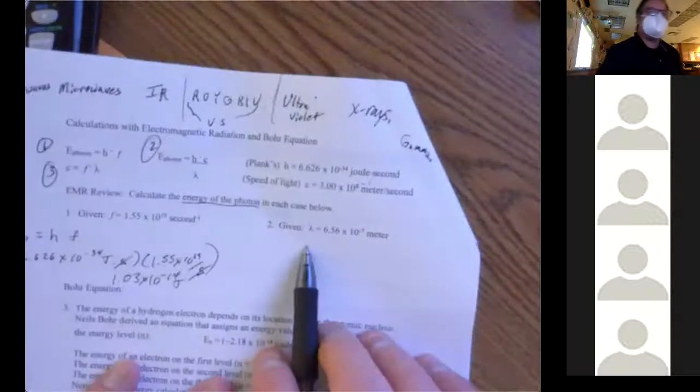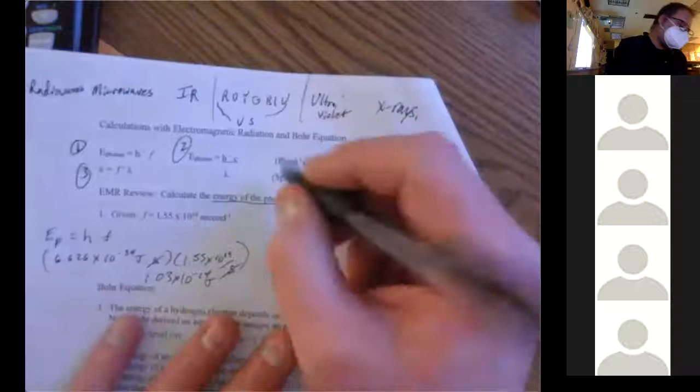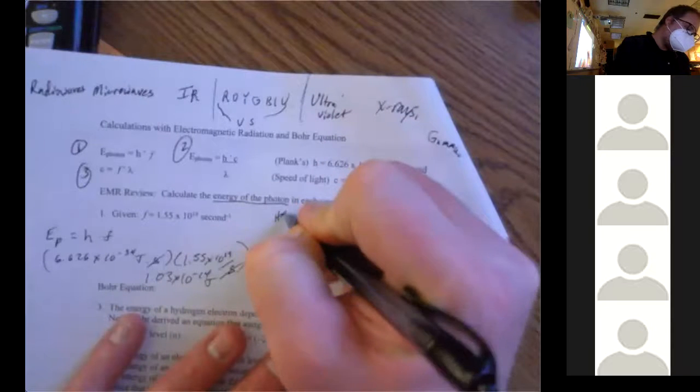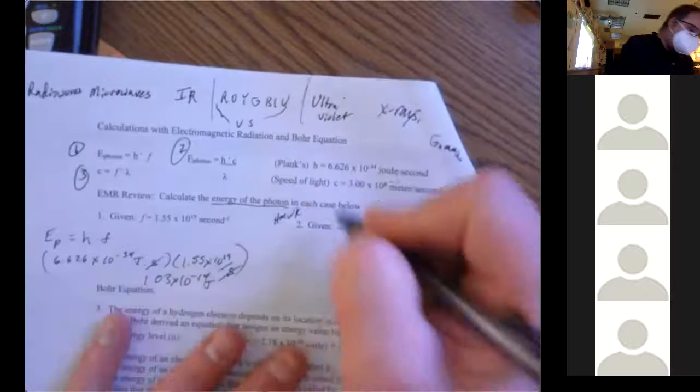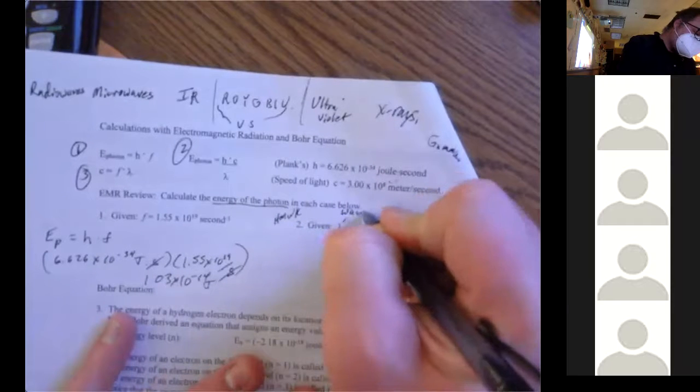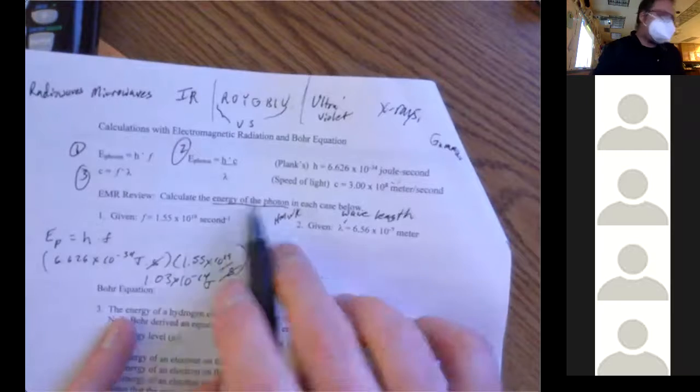So if we take a look here, which equation are you going to use for next Thursday? This is your homework for Thursday. Given the lambda, or the wavelength, what is the energy of the photon?